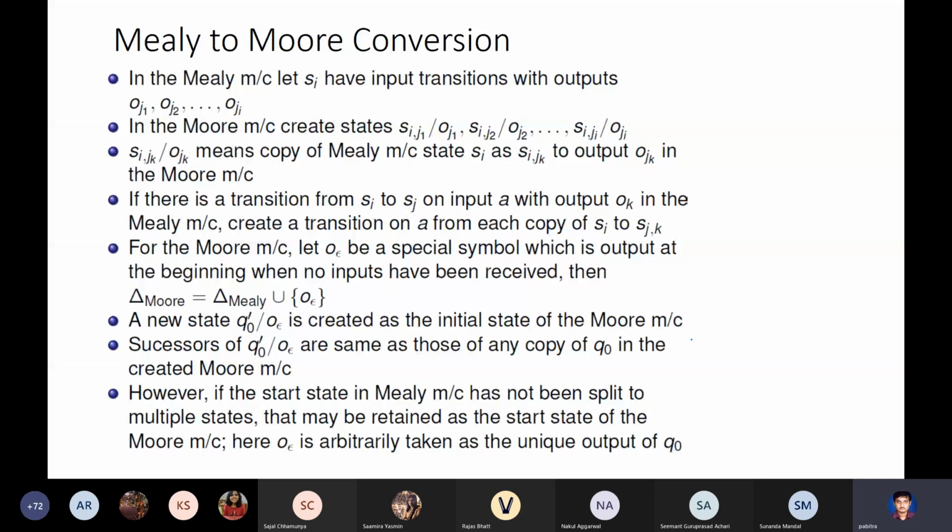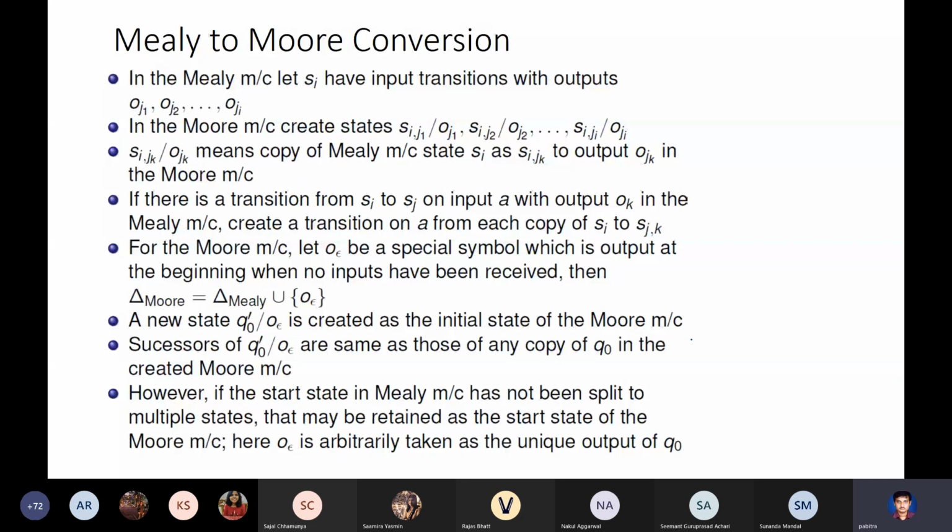These are the different outputs that you can have on transitions from Si. In the Moore machine, you create an equivalent Moore machine with new states, as I told before, Sij1, Sij2, up to Siji. And naturally, the outputs in these states will be Oj1, Oj2, and Oji.